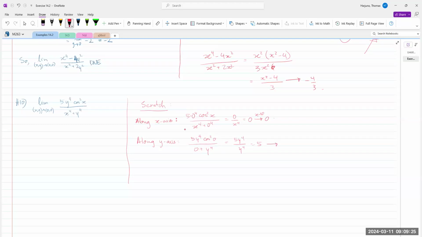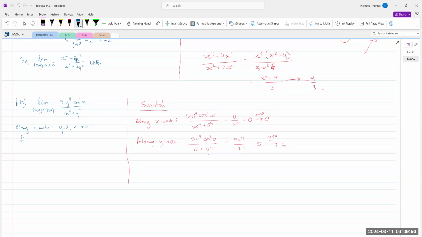So as y goes to 0, the limit is still 5. Oh, okay. So we now get two different paths that give us two different limits. Then I move this work to my formal work along the x-axis, which means I set my y equal to 0 and my x goes to 0.